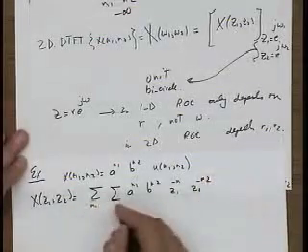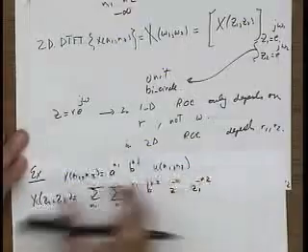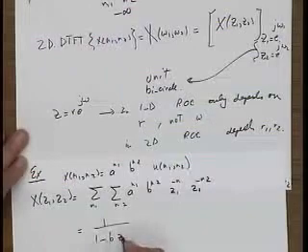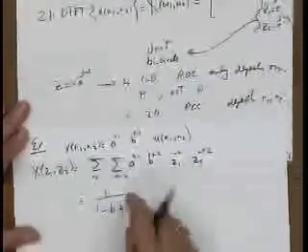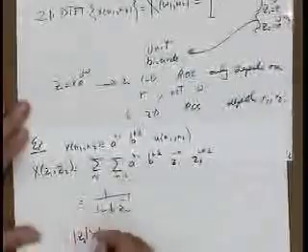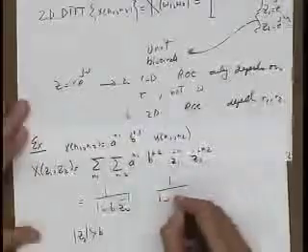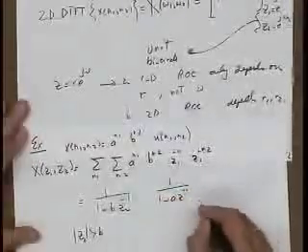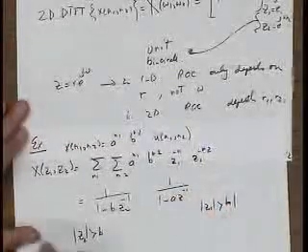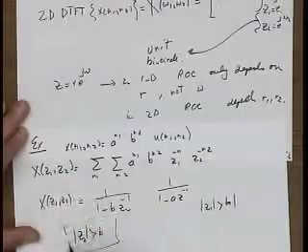You can separate these two summations, one as a function of n1, one as a function of n2, and what you get is 1 over 1 minus b z2 inverse, but that's only true if the magnitude of z2 is larger than b. And then the other summation is 1 over 1 minus a z1 inverse, but that's only true if the magnitude of z1 is larger than a. So this is the z transform with these regions of convergence.